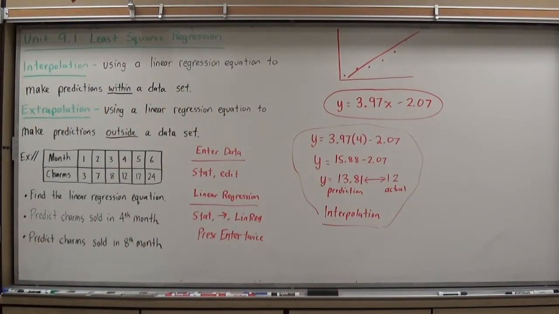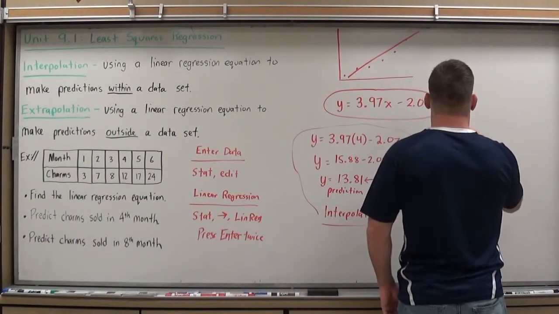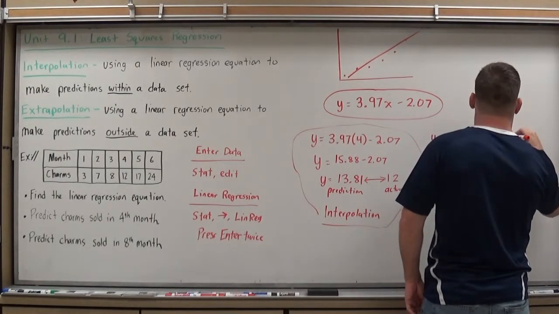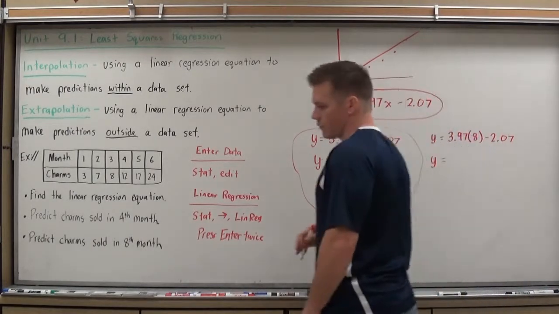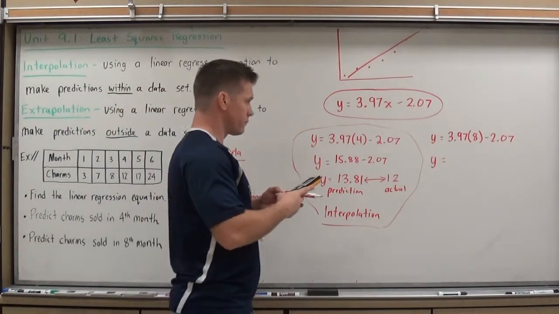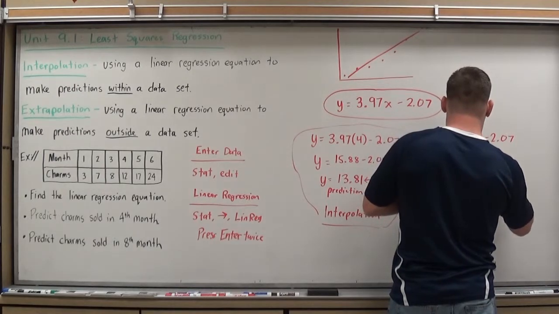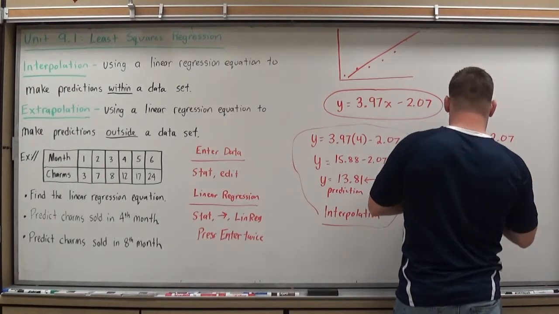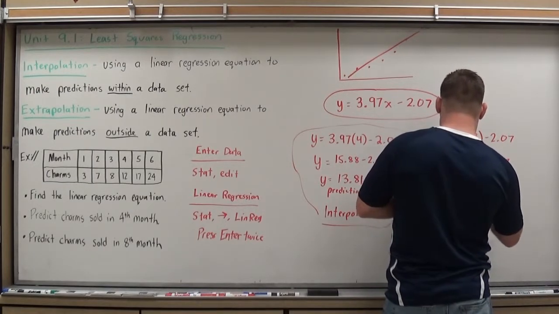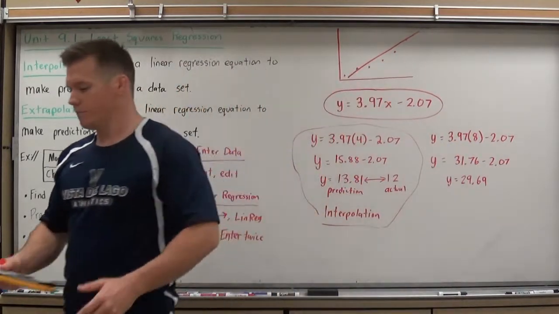And the next one, I'm going to predict the charms sold in the 8th month. To do that, I plug in 8 for x, simplify down, which is 31.76, subtract out 2.07, and I get 29.69 as my prediction.